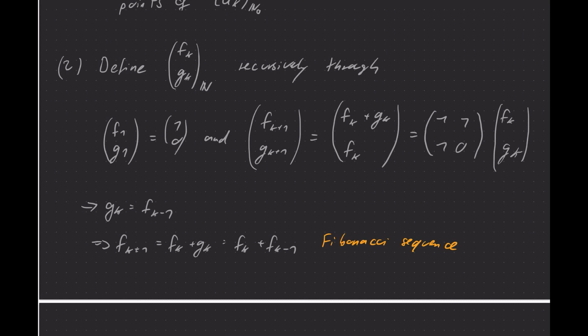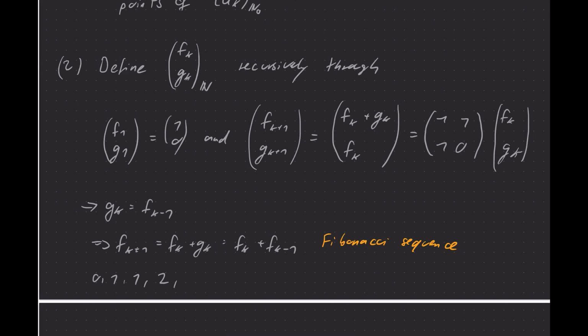It starts as 0, 1, and then the next part in the sequence is always the last two parts summed up. So starting with 0, 1, we sum up those two. 0 plus 1 is 1. Then we sum up the last two, 1 and 1, so the next element of the sequence is 2.